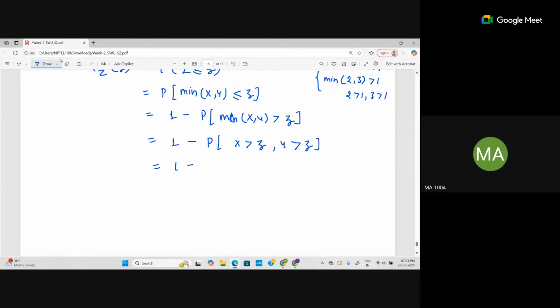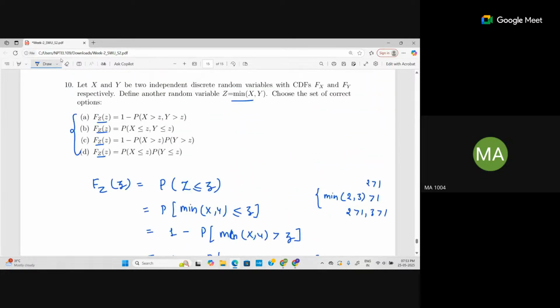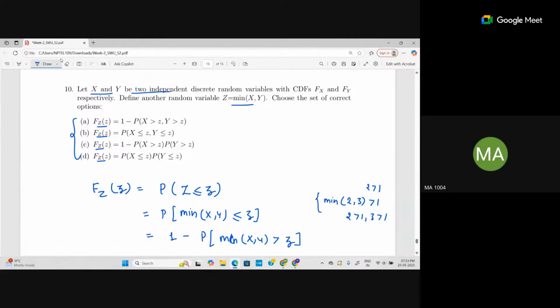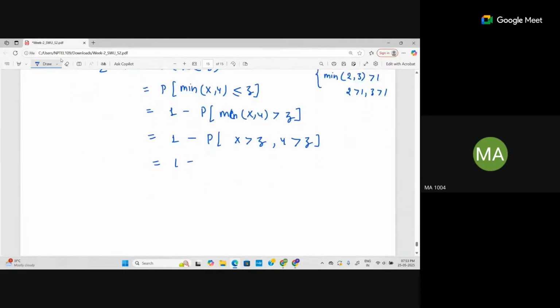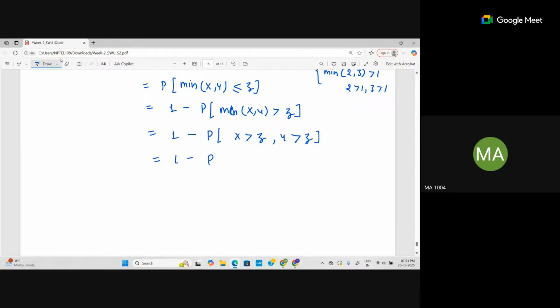Now we are given that X and Y are independent. So again, we can write the joint as the product of the marginals: probability X greater than z into probability Y is greater than z, because X and Y are independent.